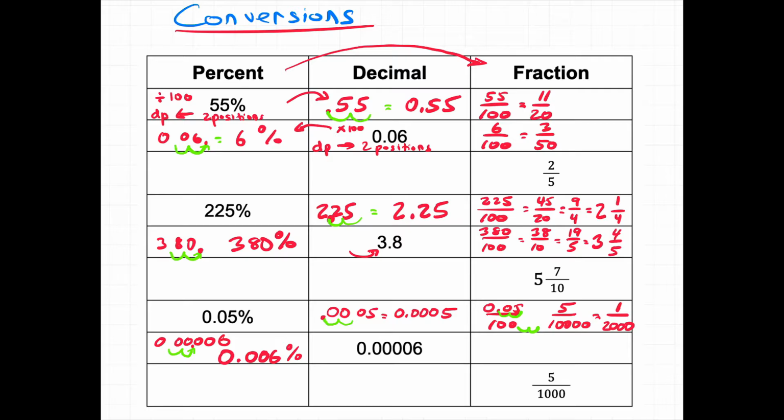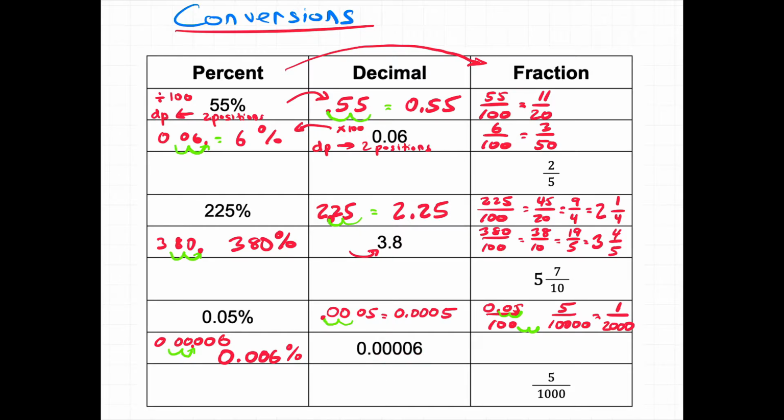Okay, so let's take a look at the following one, and we have 0.006%. Now, instead of working with that percentage, I'm going to work with the decimal one. And we can see that there is the tenths column, the hundredths, thousandths, ten-thousandths, and hundred-thousandths.